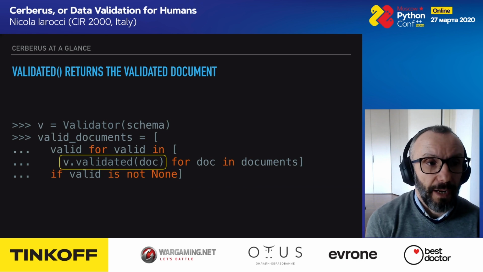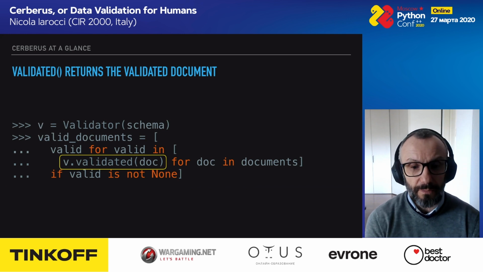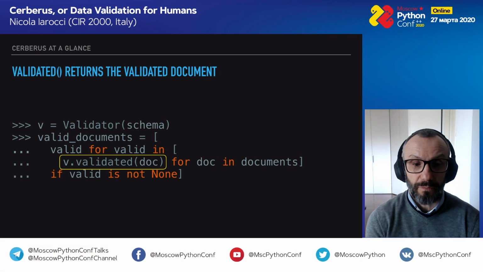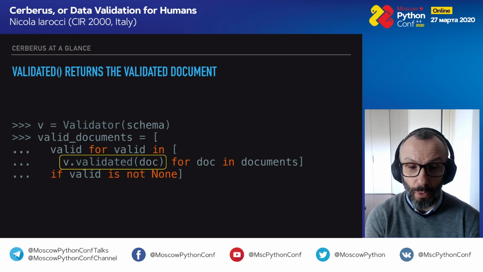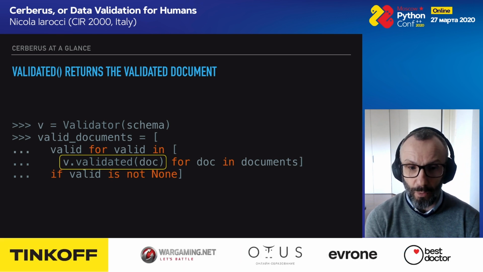We also have a validated method which returns the validated document if it is valid. This is very useful. This is a very common use case for Cerberus. You have a list of documents, you want to validate them, but you want to be returned a list of valid documents. So this is kind of a filter.